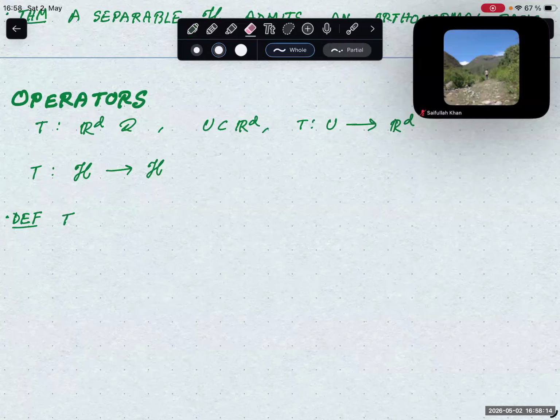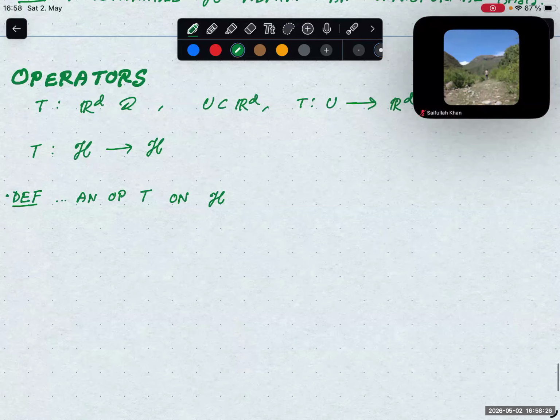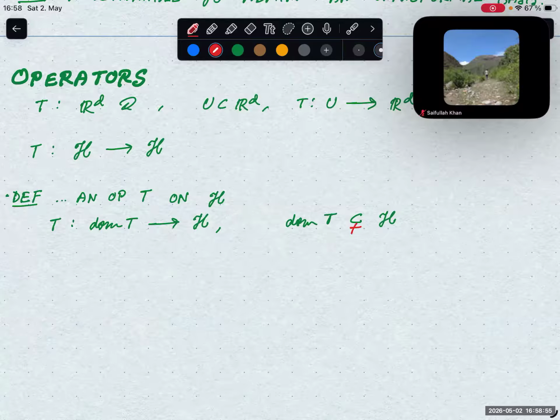By an operator T on a Hilbert space H, I mean a linear map from the domain of T to the Hilbert space, where the domain of T is of course a subset of the Hilbert space, but it is not necessarily the whole space.